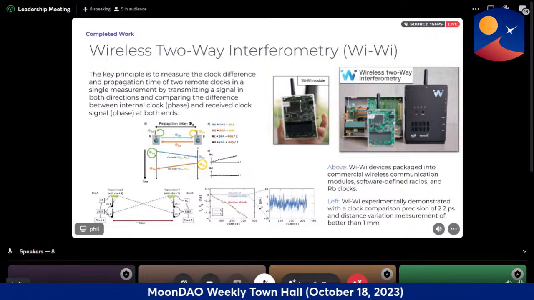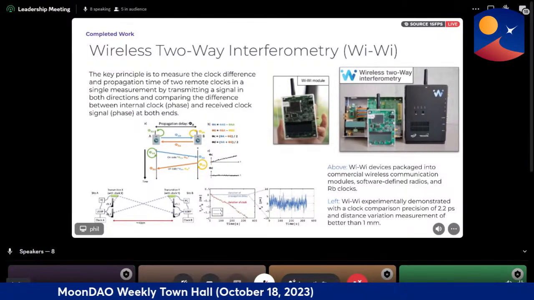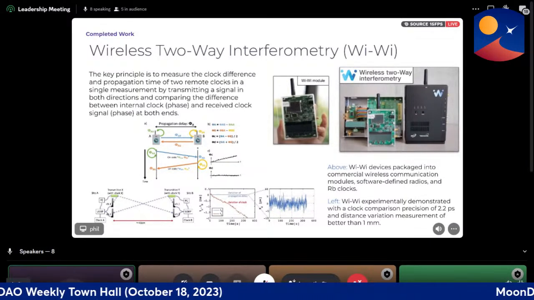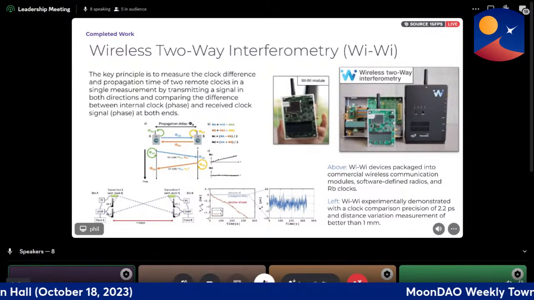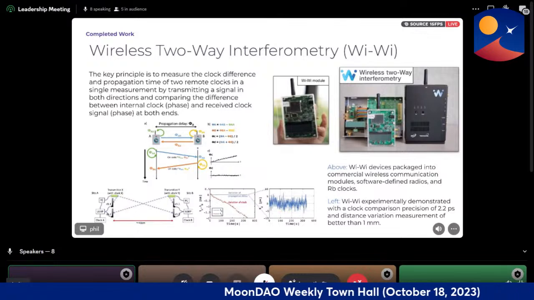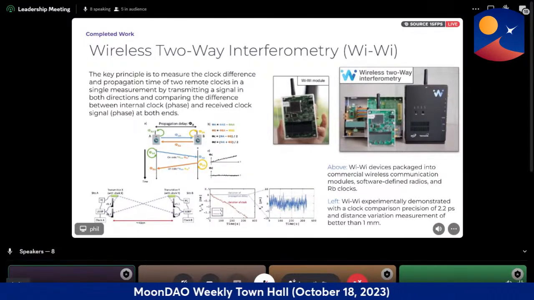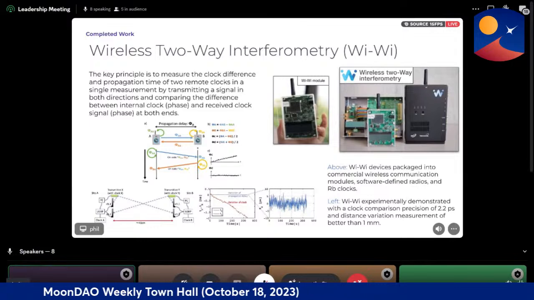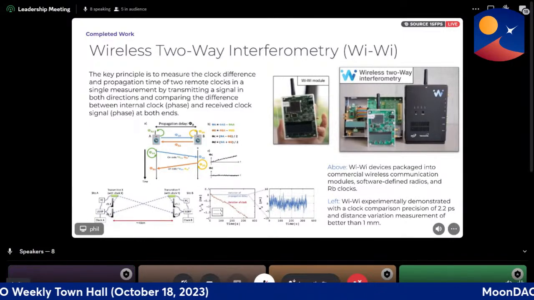That said, in the parking lot, YY experimentally demonstrated comparing two clocks with a precision of 2.2 picoseconds and measured the distance between them to better than 1 millimeter, which is insane.